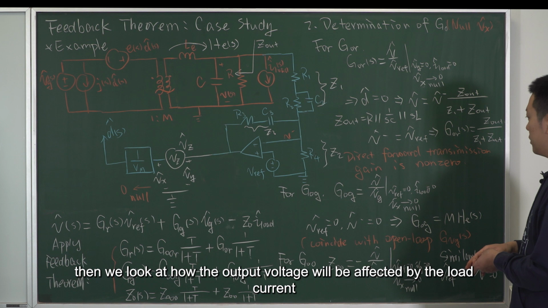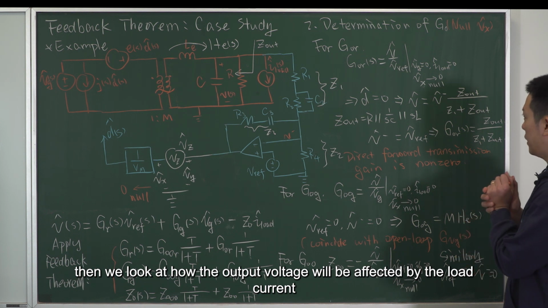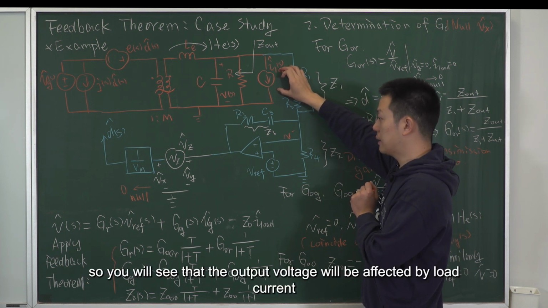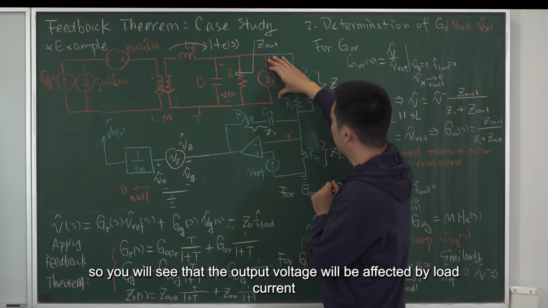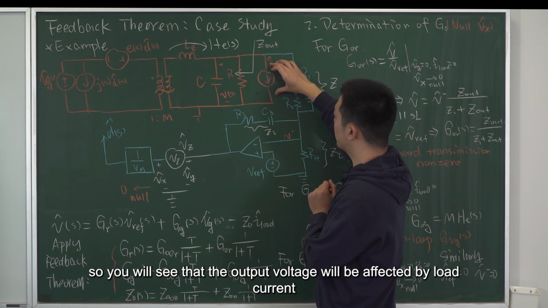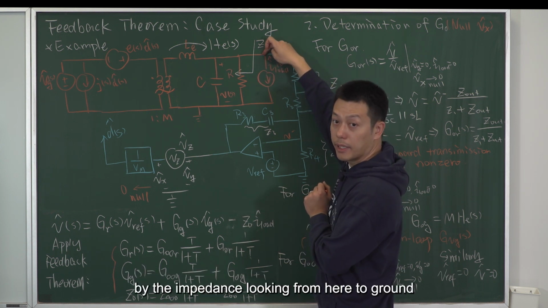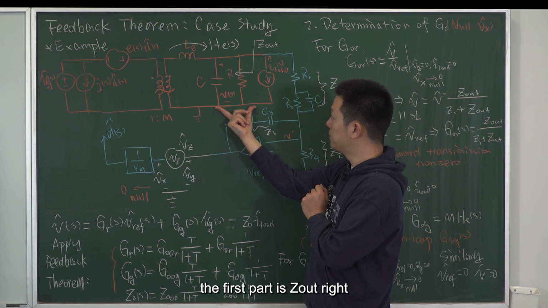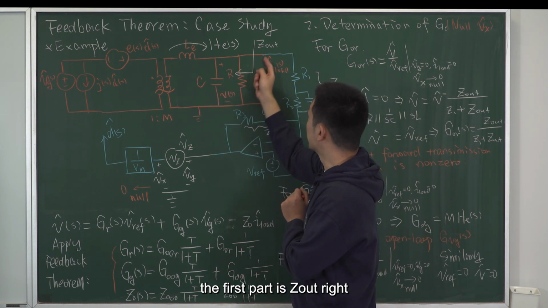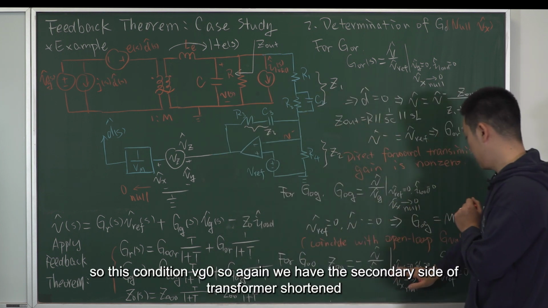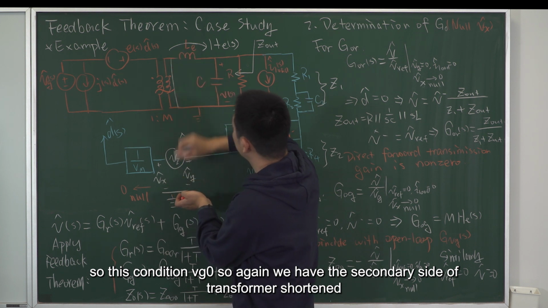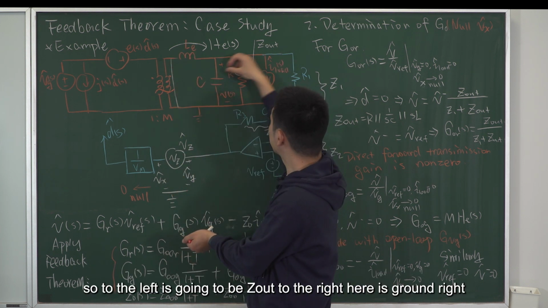Then we look at how the output voltage will be affected by the load current. You will see that the output voltage will be affected by the load current through the impedance looking from here to ground. So it contains two parts. The first part is the Z out part. For this condition, Vg is 0, so again we have the secondary side of the transformer shorted. So to the left, it's going to be Z out.